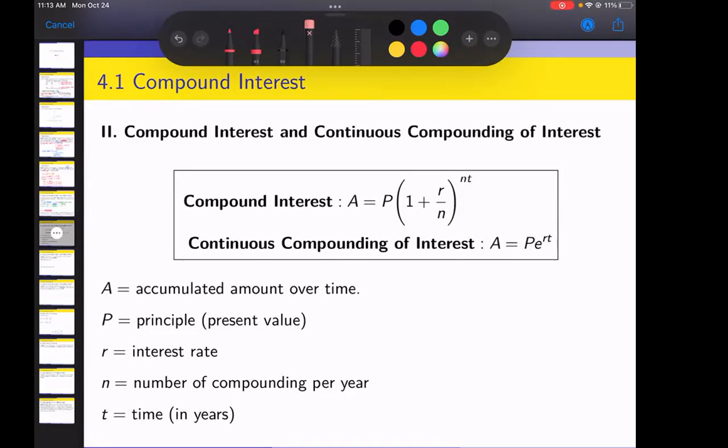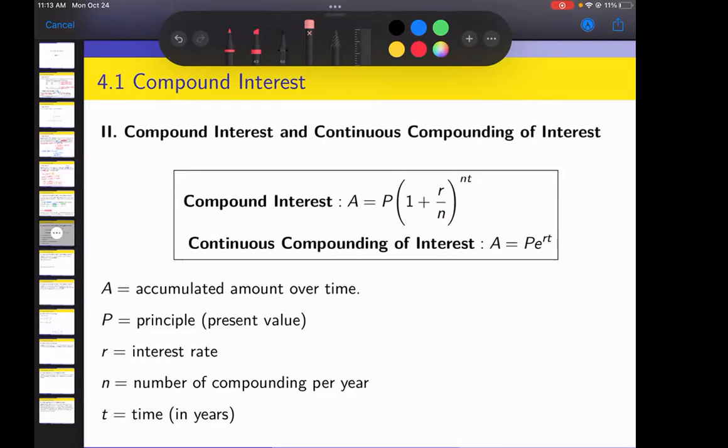Can someone answer that question? What's the difference between the two? Okay, well, the math is similar-ish. If I gave you the proof, it's very similar. You just change it a little bit, and then one becomes compound and the other continuous.